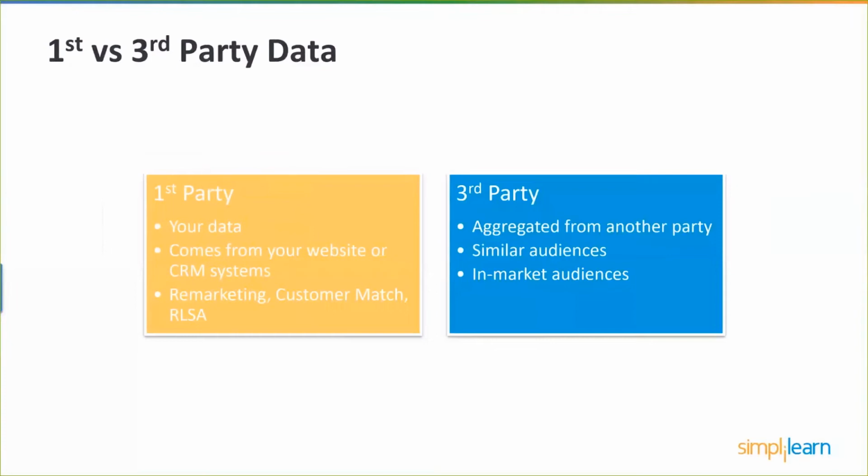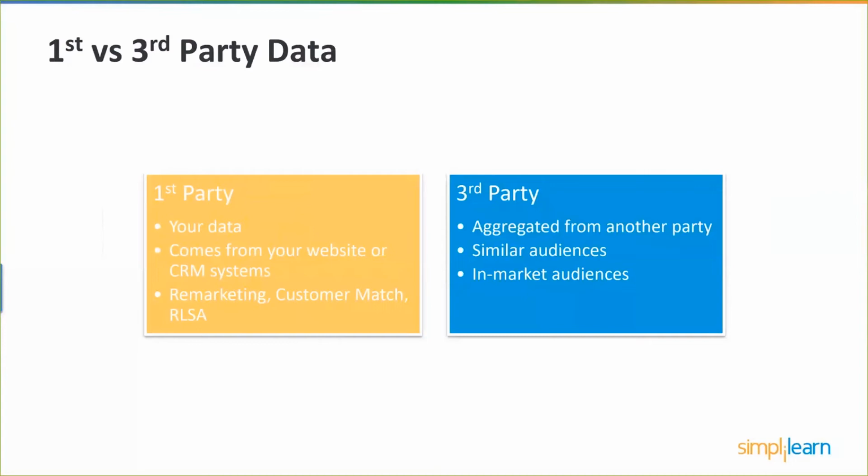Remarketing is behavioral data based upon your assets, based upon your website. And so first-party means it's your information. Now, third-party data means it's aggregated from another party. In this case, we're going to talk about using Google's data. So it would be similar audiences or in-market audiences where you can still market based upon this third-party audience data. It just doesn't happen to be yours.